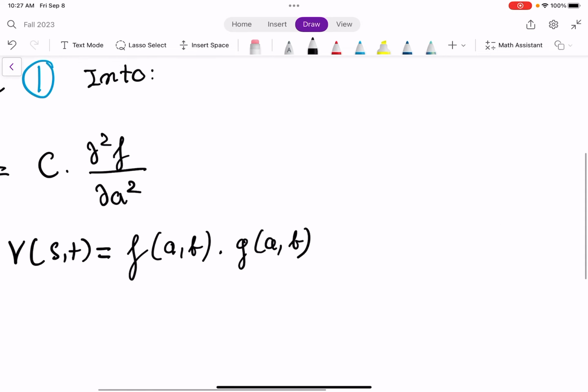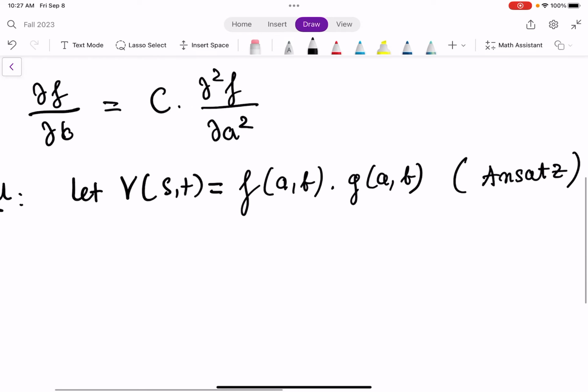This is like an educated guess, or some articles refer to this as an ansatz. My professor introduced the ansatz concept to me. It basically means educated guess.